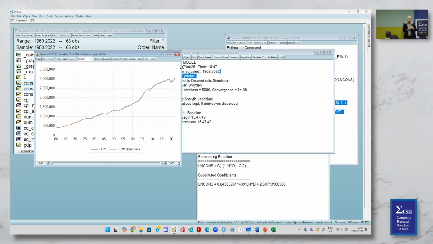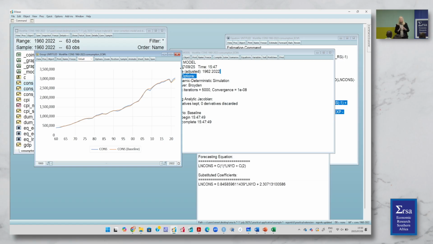So the whole new classical literature, supply side economics, and now we model wages, the labor market, the capital market. We model the monetary sector, the external sector. And we put it all together, and then we forecast.